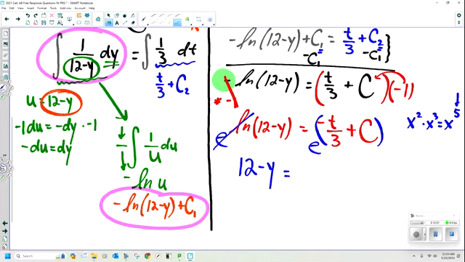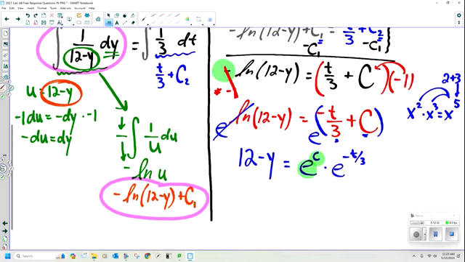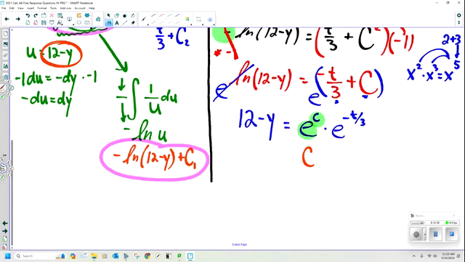That's 2 plus 3, right? Well, I have this and this. That means I must have had e's with similar bases. e to the c times e to the negative t over 3. And guess what, kids? e is a constant. It's 2.718. A constant raised to a constant, well, I'll leave it there. So if you're looking back, that is just another constant. C e to the negative t over 3 equals 12 minus y.